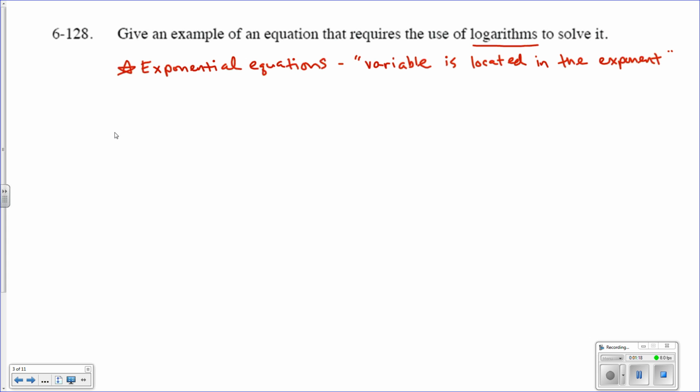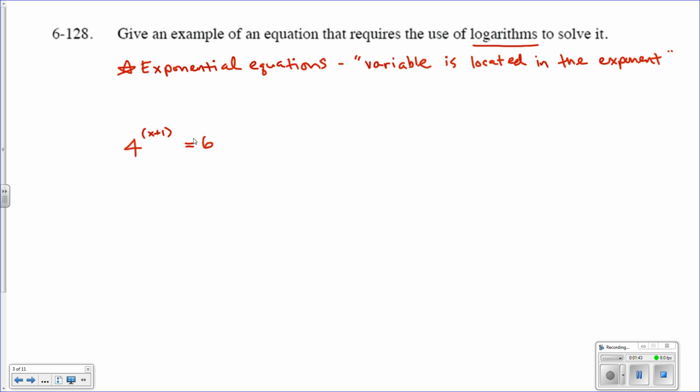One example we could say is 4 to the power of x plus 1 is going to equal 6. In this case, it's an exponential equation because our variable is located up here in the exponent.